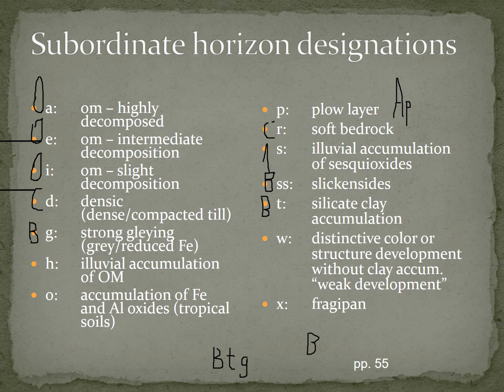We could have a BTSS horizon, where we have a horizon of clay accumulation, where there are a lot of slickensides. Oh, please just let me. Okay, so we would write SS.